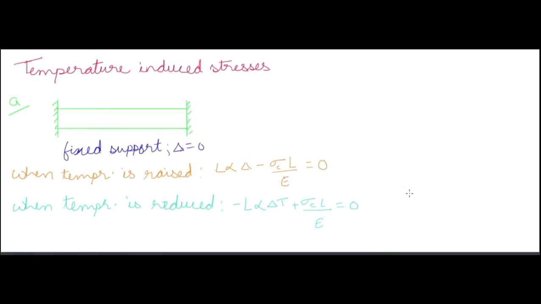So when temperature is reduced, minus L alpha delta T is equal to sigma C L by E, because when temperature is reduced, tensile forces will be induced in that bar. It will try to contract while the fixed support will not allow it to contract. So tension forces will be induced in the bar.